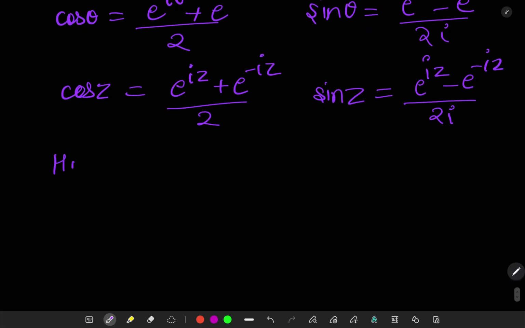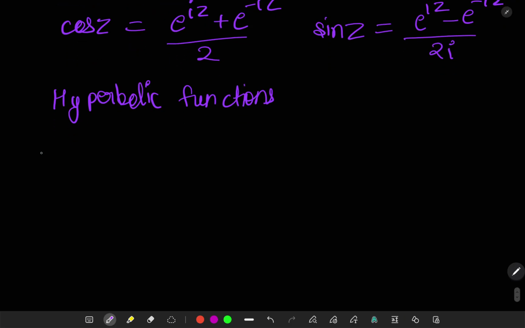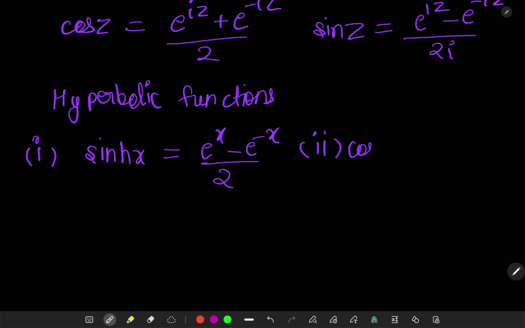Now hyperbolic functions. Sin hyperbolic x is equal to e raised to power x minus e raised to power minus x divided by 2. And for cos hyperbolic, we can write this.